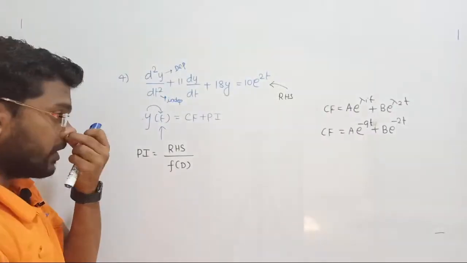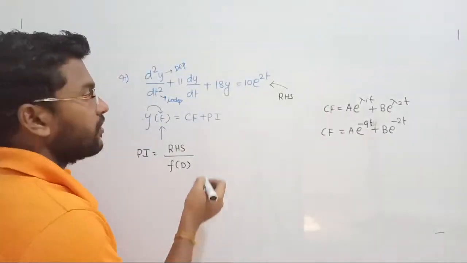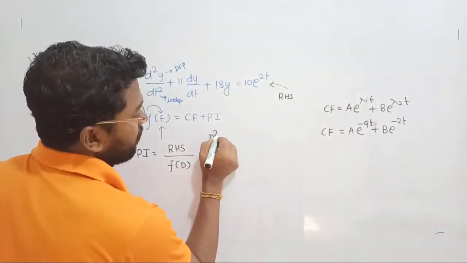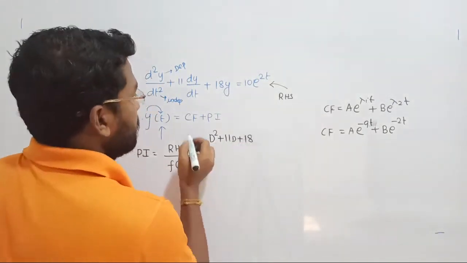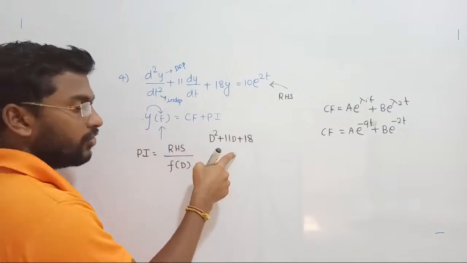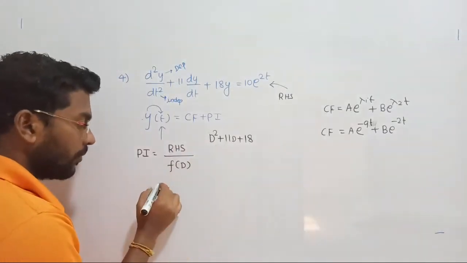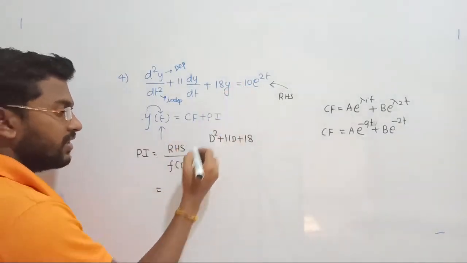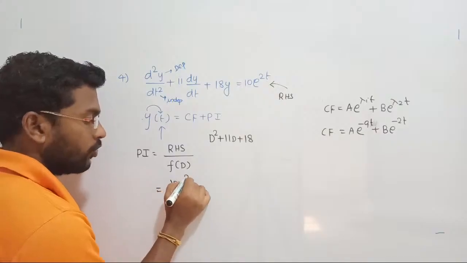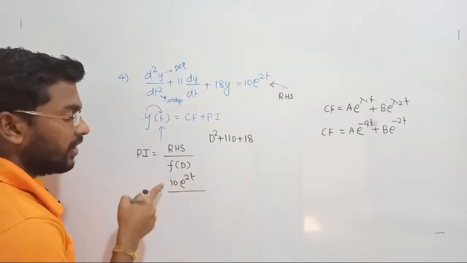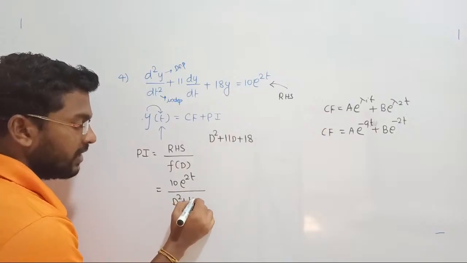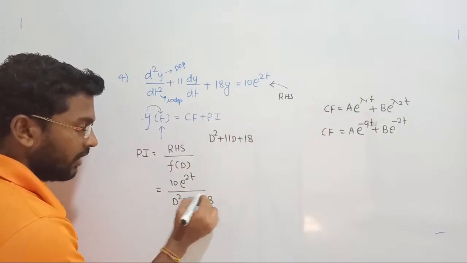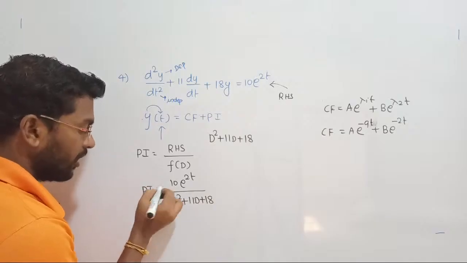Just now we have found out the characteristic equation of the function, d square plus 11 times of d plus 18. From the LHS, you have to find out the characteristic equation and keep it in the denominator. That's all. On the RHS we have 10 into e power 2t, whereas in the denominator we have to consider the characteristic equation of the function, that is d square plus 11 times of d plus 18. Clear? That is going to be the particular integration.